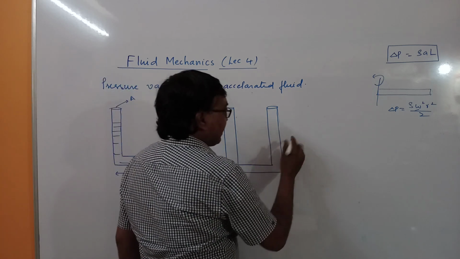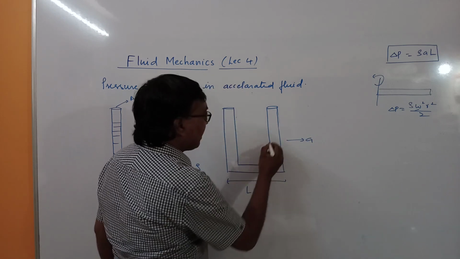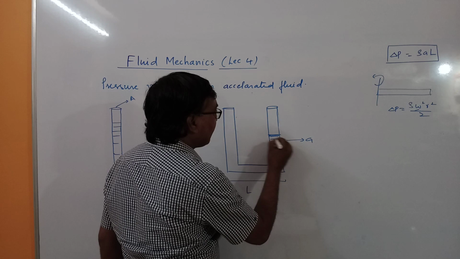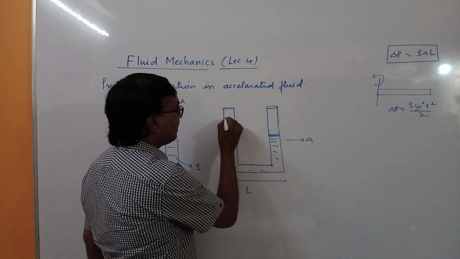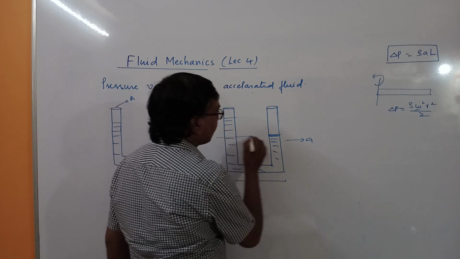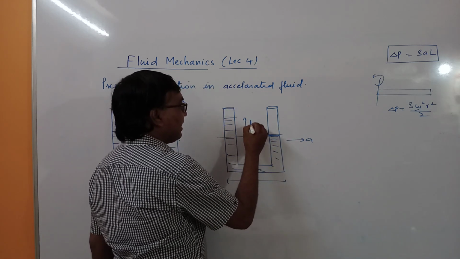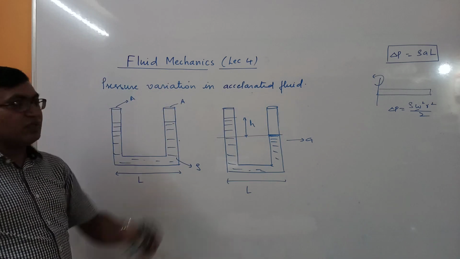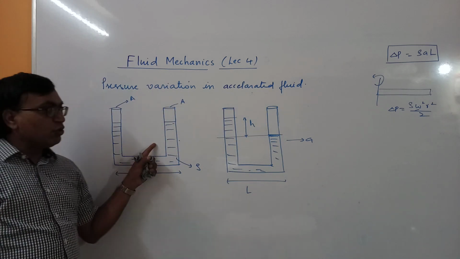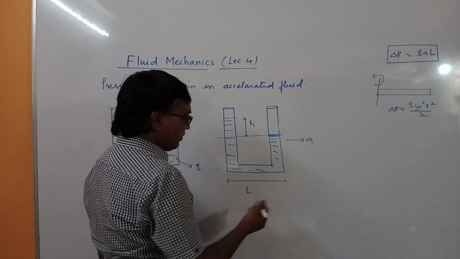When it is accelerating with acceleration A, with length L, one height will be raised, and the difference in height, let us say, is H. We have to find this H when this U-tube is given an acceleration A. It is very simple.